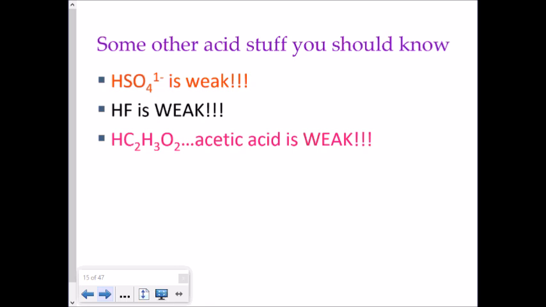It doesn't ionize too much. Hydrofluoric is the one halogen basically that's weak, so you got to remember that one. And then the one I just went over before, vinegar, acetic acid, that one's a very typical weak acid you'll see quite frequently. Okay?